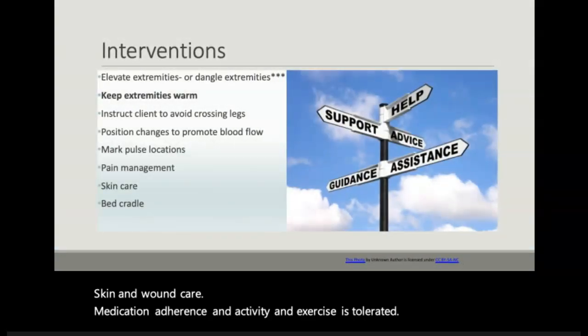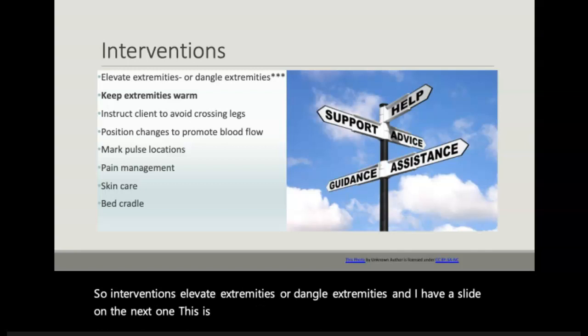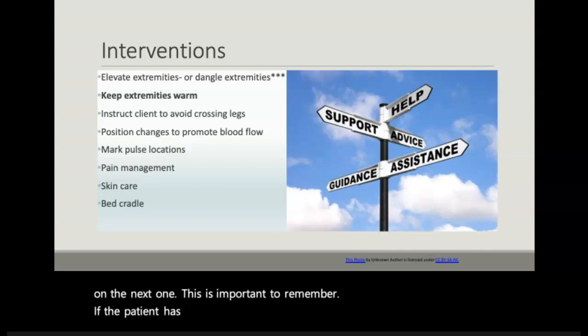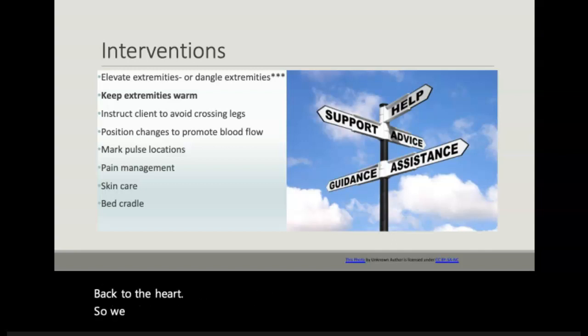So interventions: elevate extremities or dangle extremities. And I have a slide on the next one. This is important to remember. If the patient has venous insufficiency, the blood is having a hard time getting from the lower extremities back to the heart, so we want to help that out with gravity.